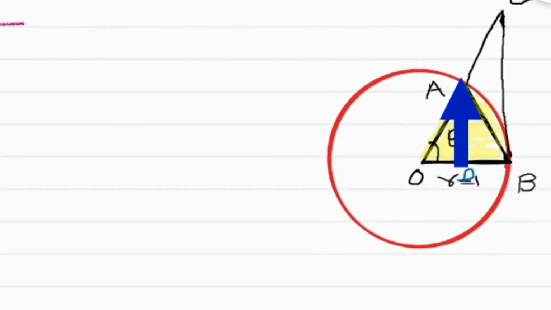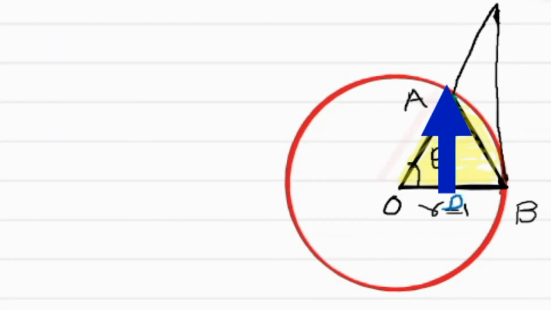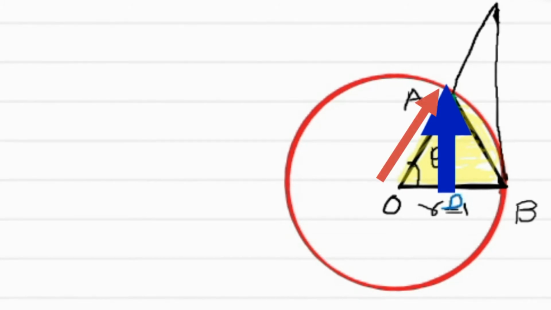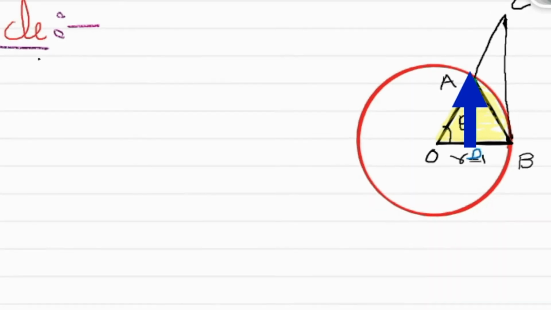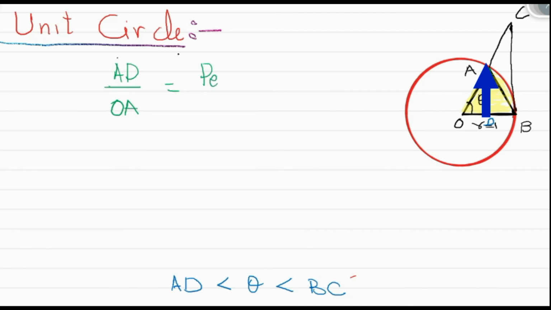Now for AD, the ratio of AD and OA, that is perpendicular over hypotenuse, is a trigonometric ratio which equals sine of theta. As OA is the radius of the circle, which is 1, I can write that AD equals sine theta.